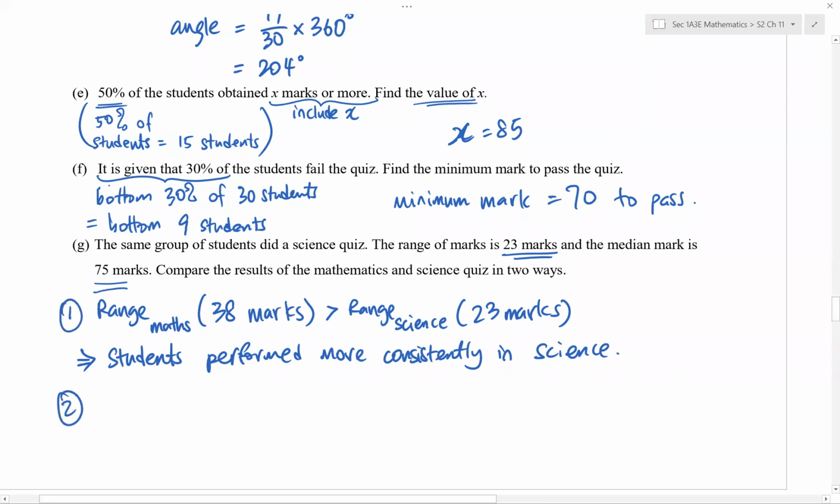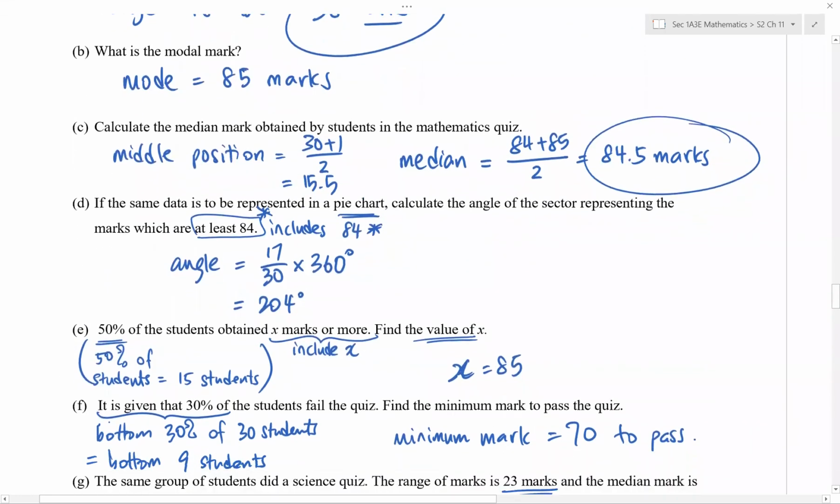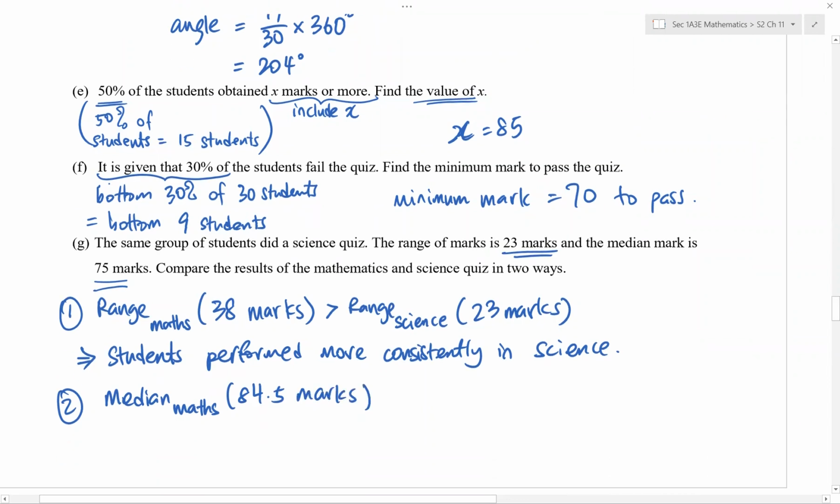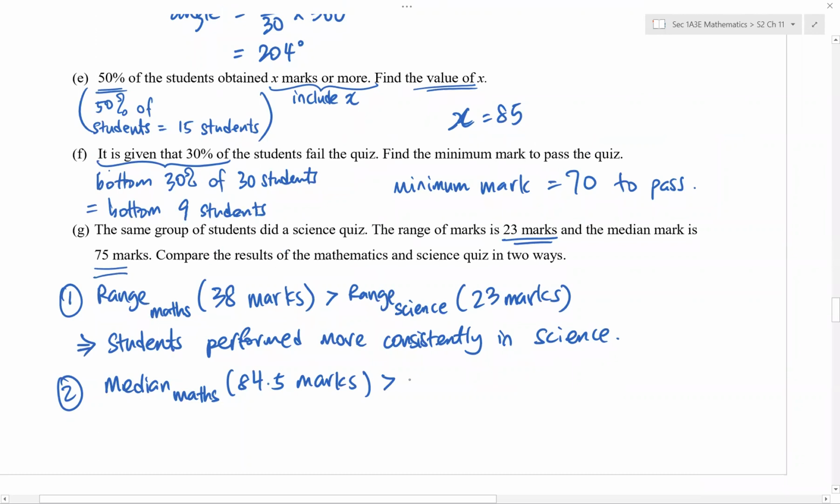Now, this is our first way of comparing. The second way, we'll be talking about the median. So median for maths again, let's start maths. We have 84.5 marks. How does this compare with the median for science? Now, again, this is greater than the median for science, which is 75 marks.